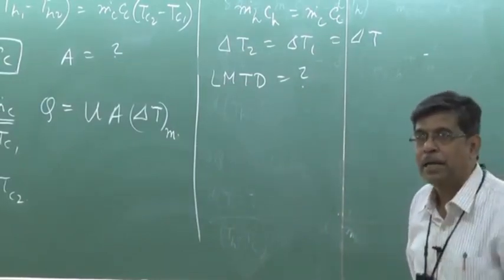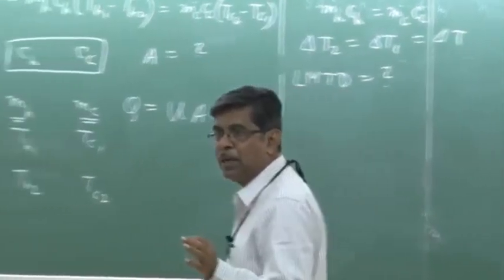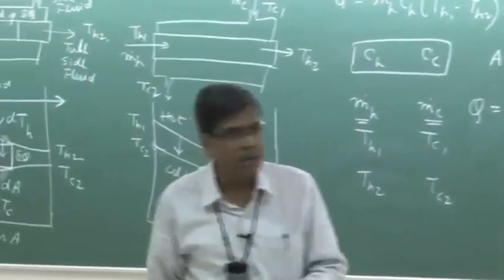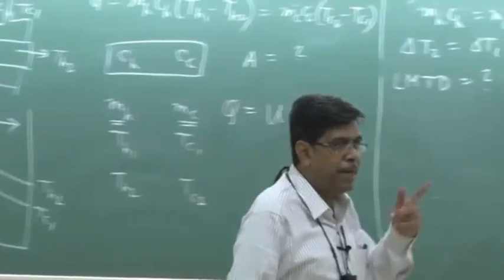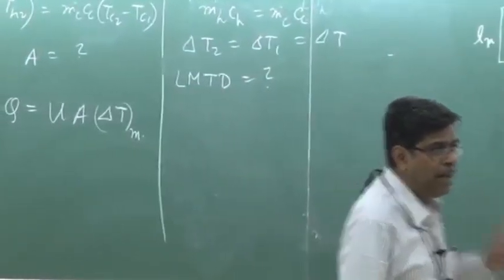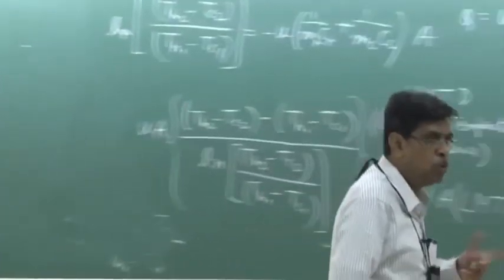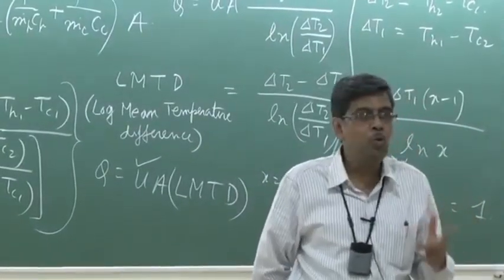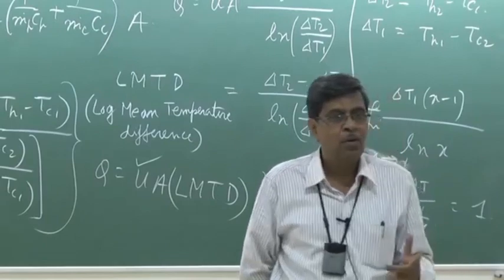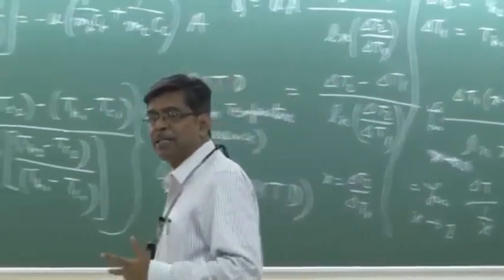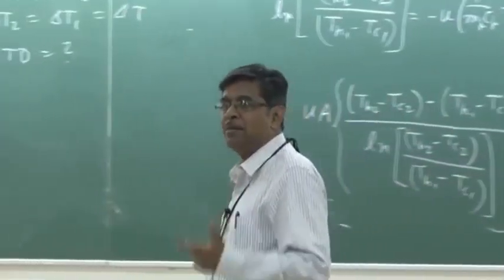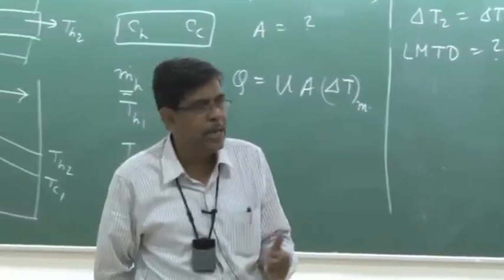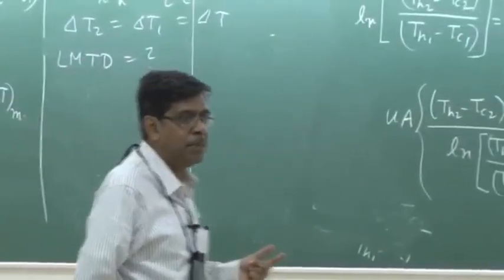And one piece of information I give you in this respect, just for an engineer: this can be proved analytically, but I am not going to prove it. If delta T2 by delta T1, whichever is greater, varies such that the ratio is within 2.2, then we can use the arithmetic average as the LMTD with 95% accuracy. Usually arithmetic average is higher than the LMTD.